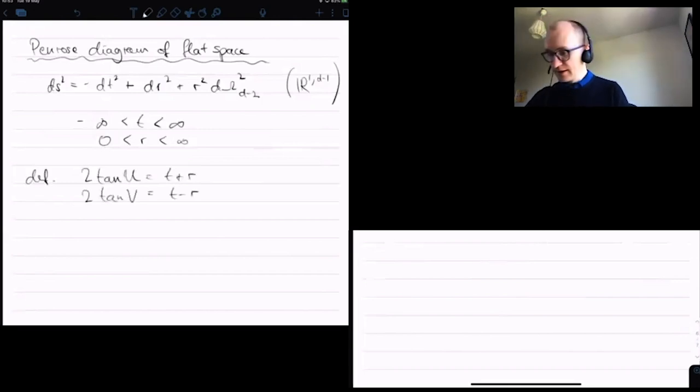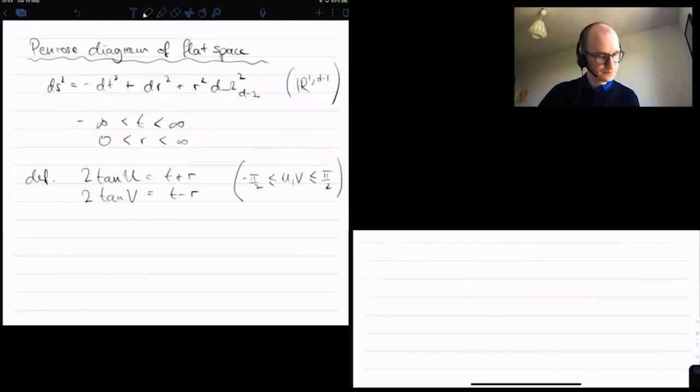And then the whole infinite Minkowski space is covered in the range minus pi over 2 less than or equal to u, v less than or equal to pi over 2. That's just the magic of the tan function.